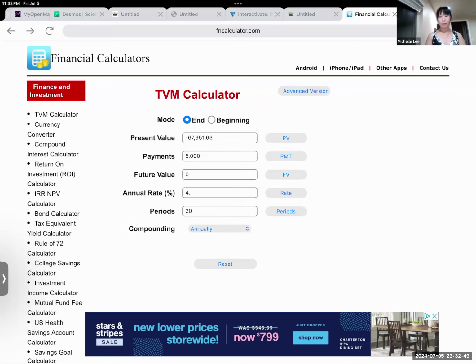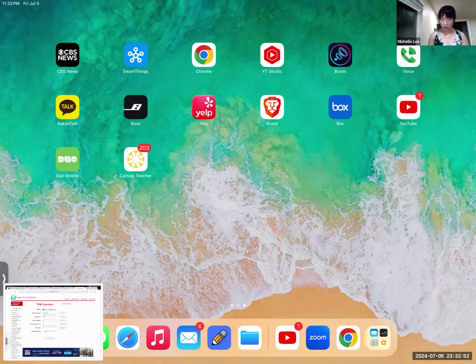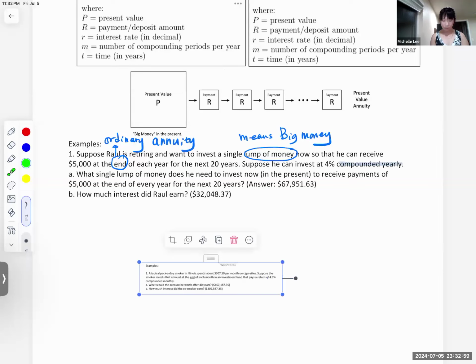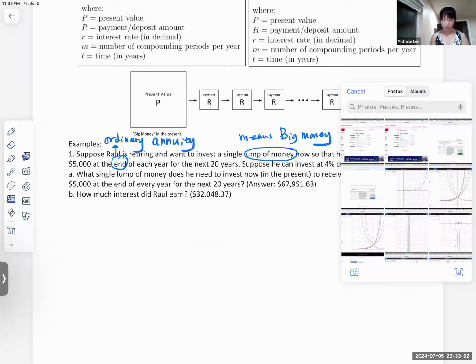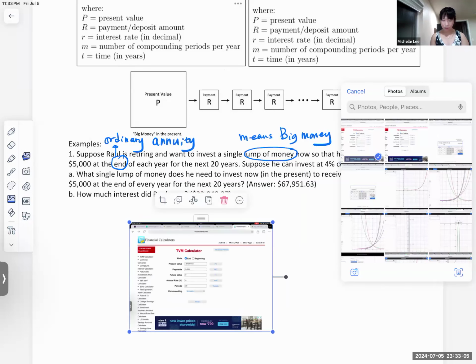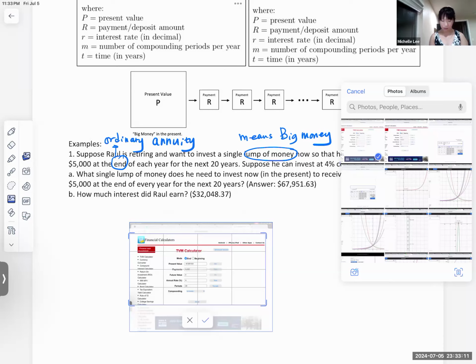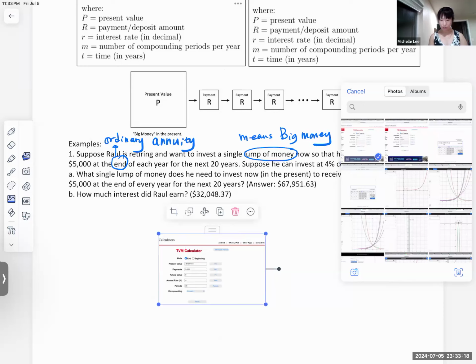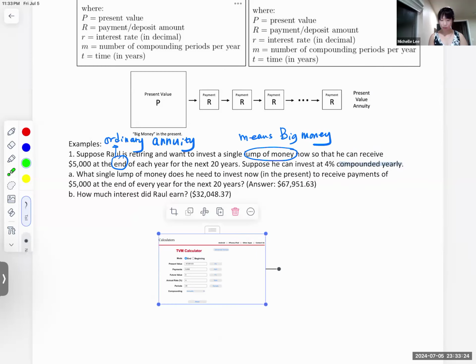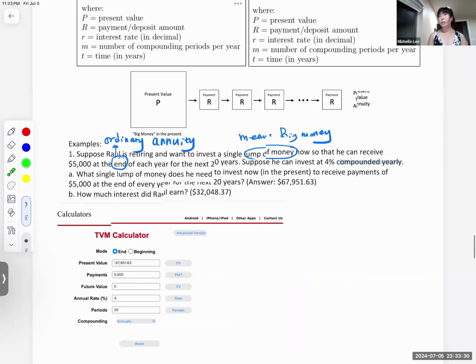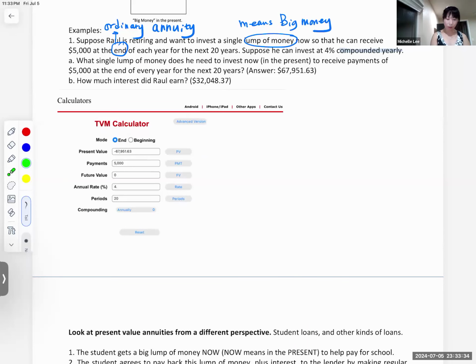Let me screenshot. Oh, that's not the one. Okay, so let me do that for you.